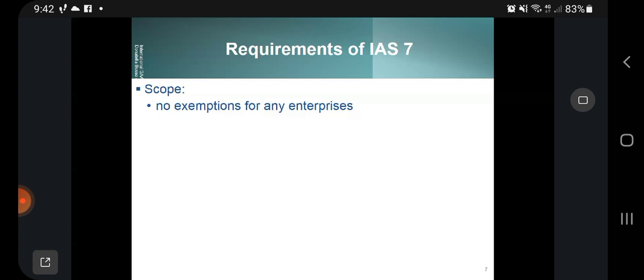Whereas for a bank, the operating activity means gathering funds from deposits from clients and then offering loans and debts to other clients. That is the operating activity of a bank. But still, the banks consider that an operating activity. And it's not excluded by the application of this standard. So no exceptions.